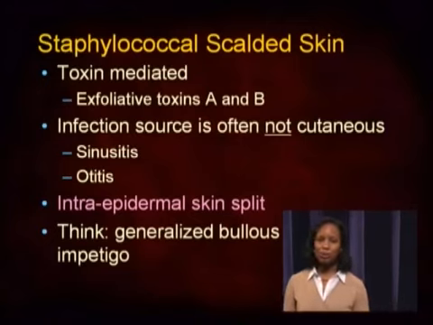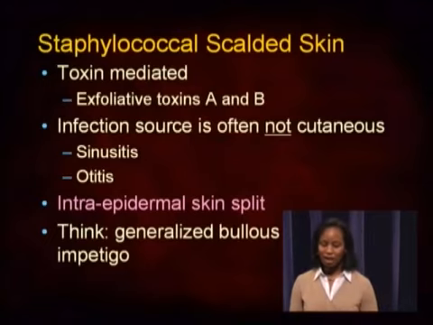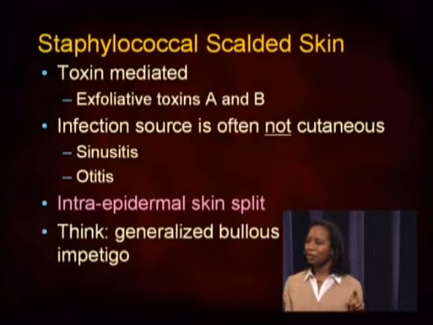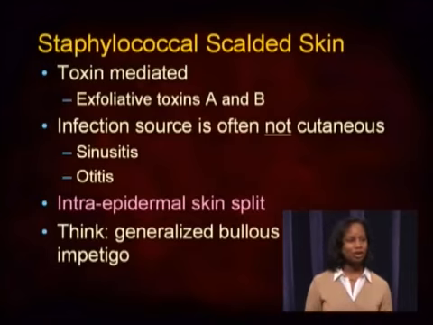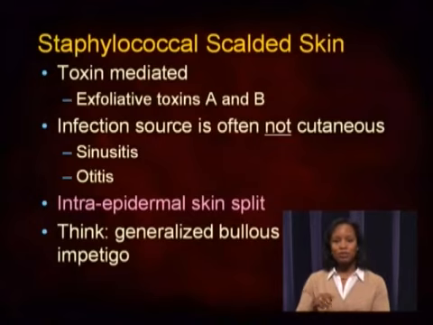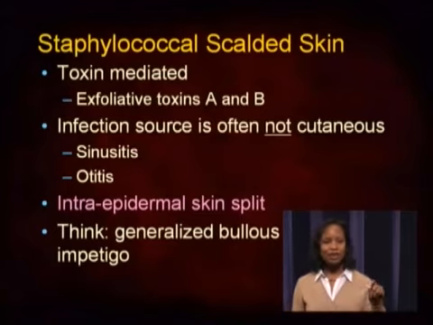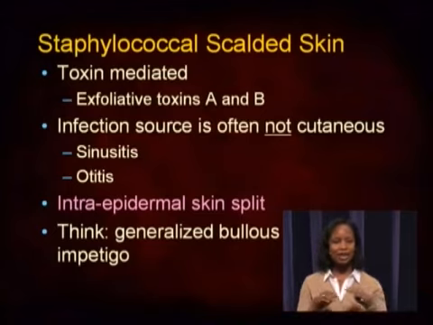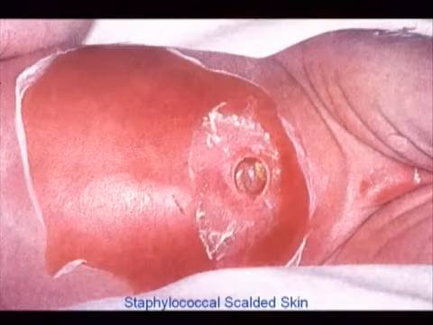Remember we talked about maybe breaks in the skin and having skin infections, but here it's usually more like sinusitis or otitis, and this causes that same intraepidermal skin split that we were looking at with the bullous impetigo. So you can sort of think of this as a diffuse or generalized bullous impetigo, because you get that very superficial break in the skin because the toxin attacks the desmosomes that hold those keratinocytes together.